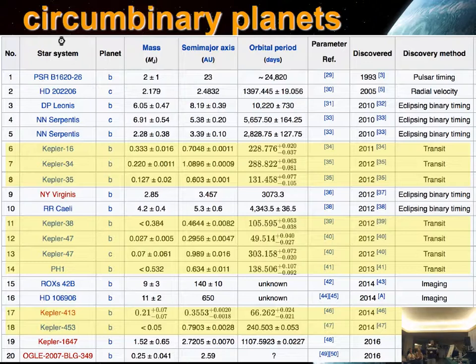The only problem is that maybe these systems are biased, because these systems must be coplanar. Otherwise, we wouldn't observe them. So it raises the question: are all circumbinary planets coplanar? It means, is the orbit of the planet in the same plane as the orbit of the binary stars? Apparently, there is no reason for that.